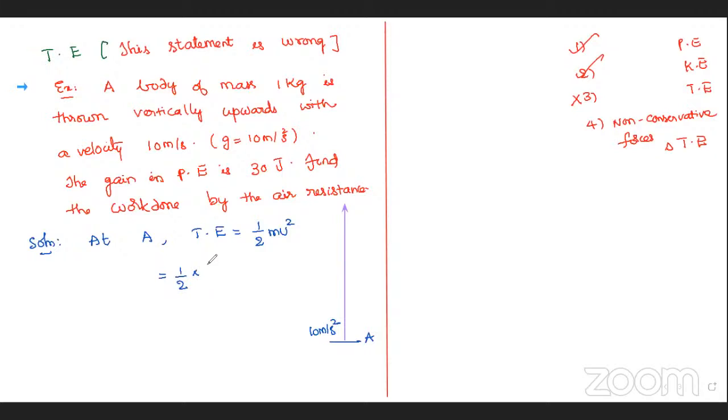Keyboard error. Okay, right. Half m, that is 1, into u square, that is 10 square. Okay, you are getting total energy at A. I got it, you also will get, that is 50 joules.